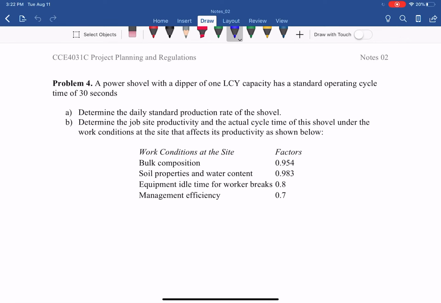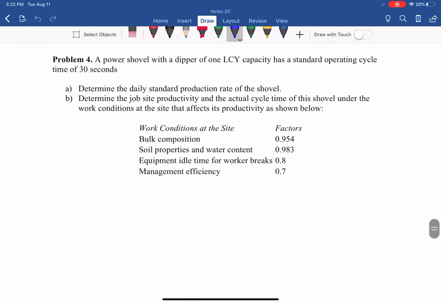So with that, we can apply the equation above to show these two components for this problem. First, daily standard production rate.